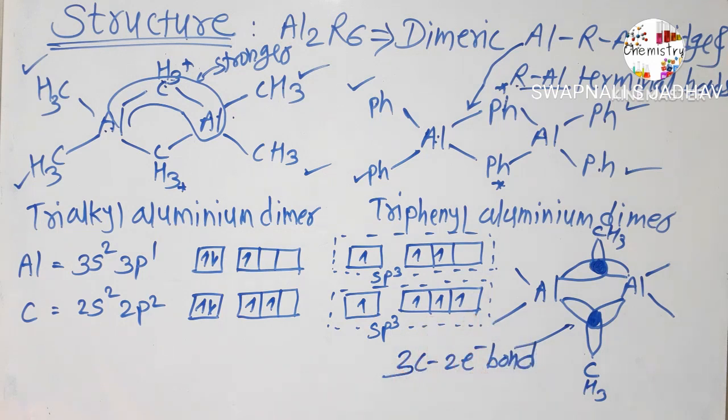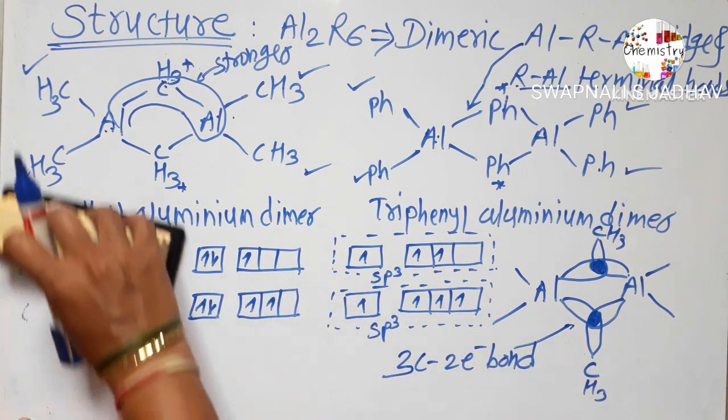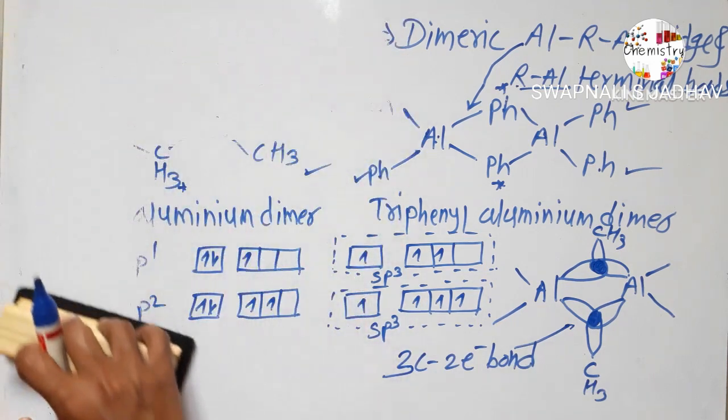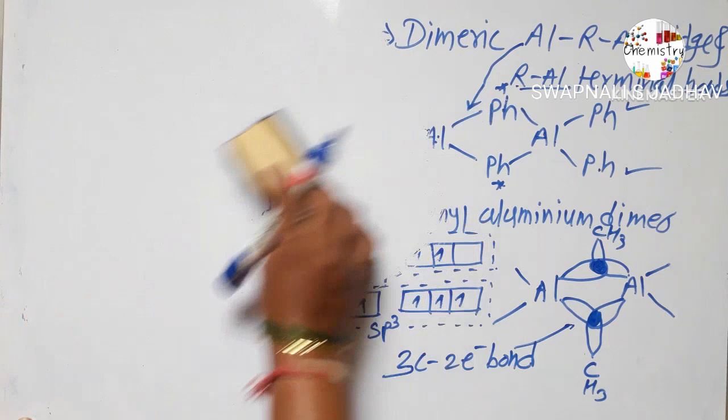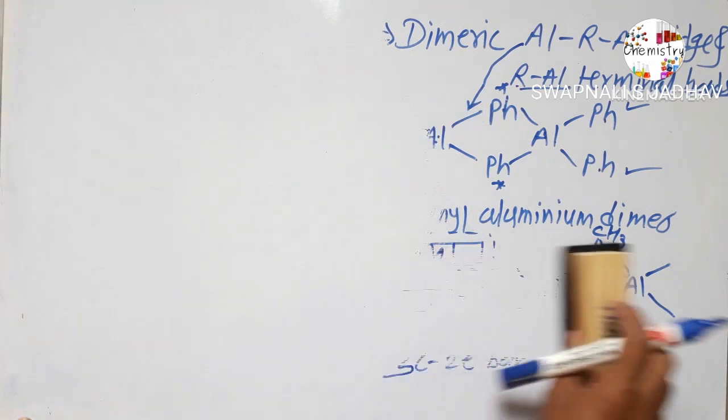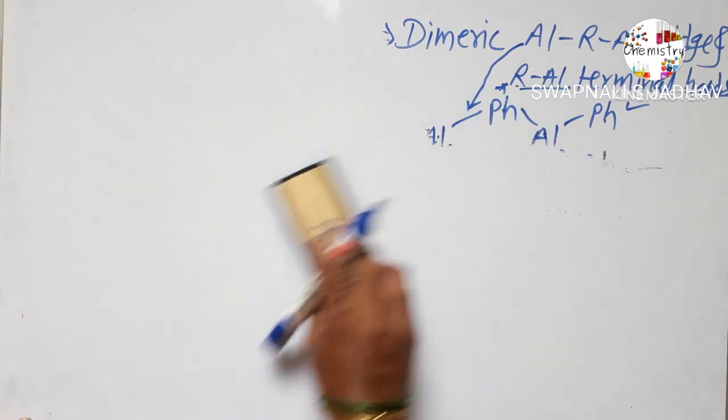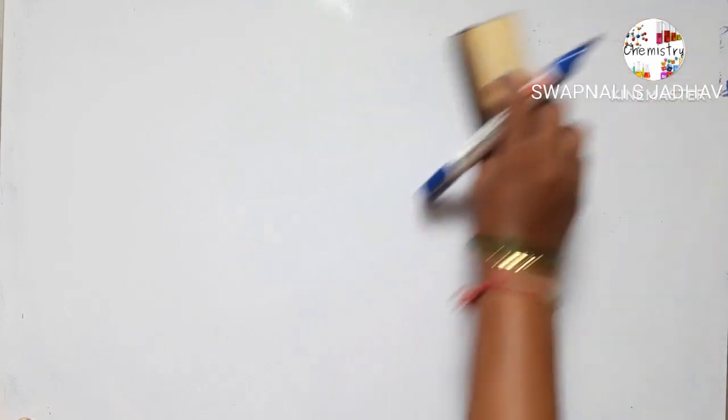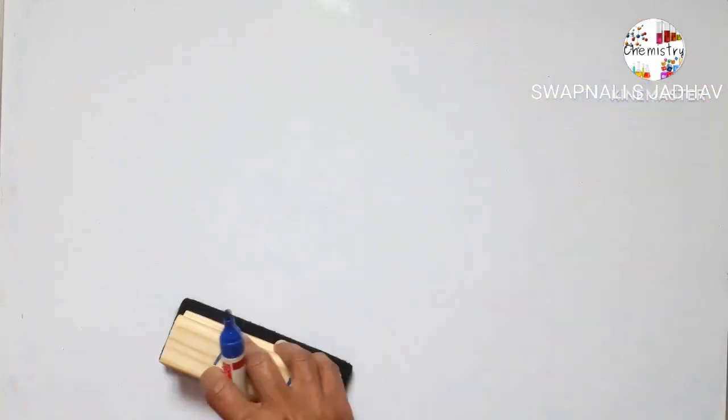So in this video we saw what is meant by organometallic compounds: the definition, introductory part, then nomenclature, then synthesis and structural study of alkyl and aryl compounds of beryllium and aluminium.